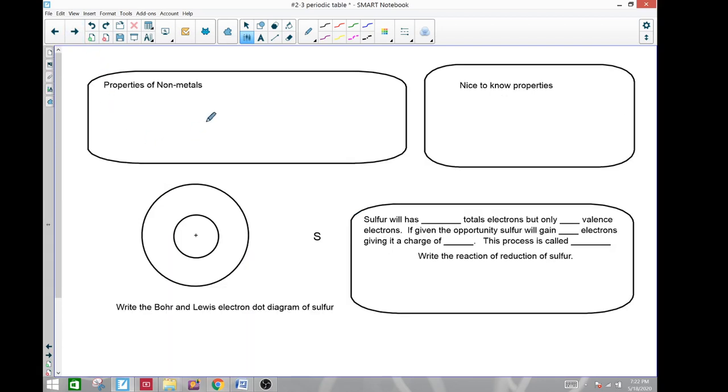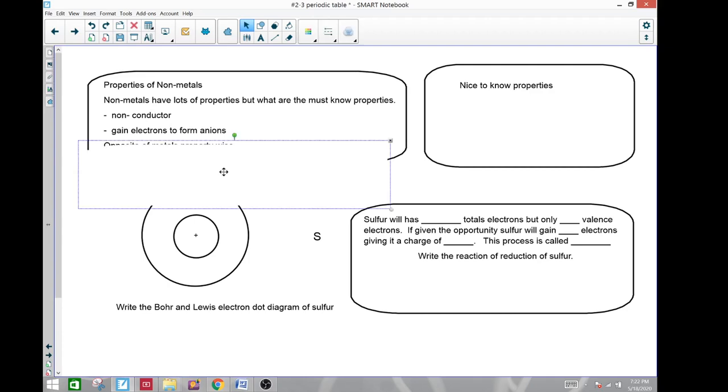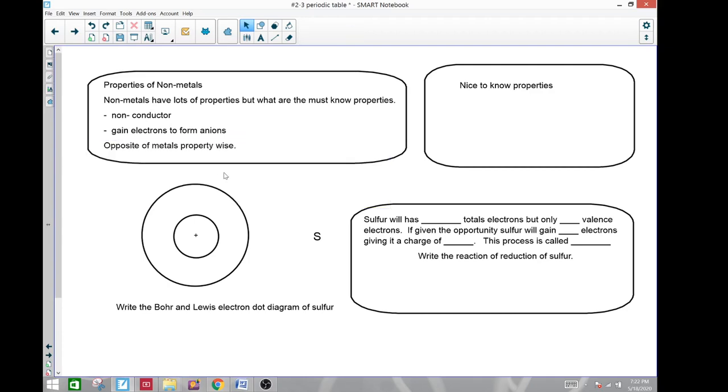So the non-metal properties are sometimes just the opposite of metals, right? Non-metals have lots of properties, but what do we know about these things? Well, they're non-conductors. They tend to gain electrons to form anions. Let's say, for example, fluorine has 1, 2, 3, 4, 5, 6, 7 valence electrons.